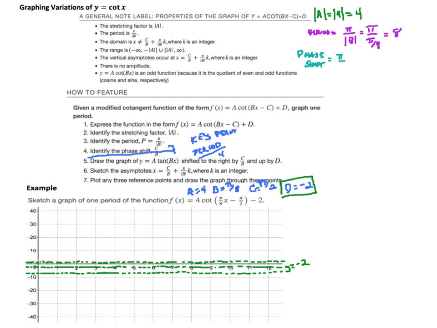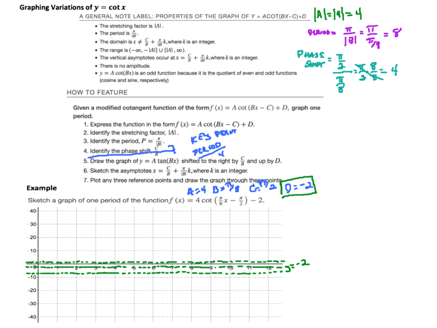Is C, which is pi over 2, divided by B, which is pi over 8, which is the same thing as pi over 2 times 8 over pi. Those divide out. 8 divided by 2 is 4. So I have a phase shift of 4.